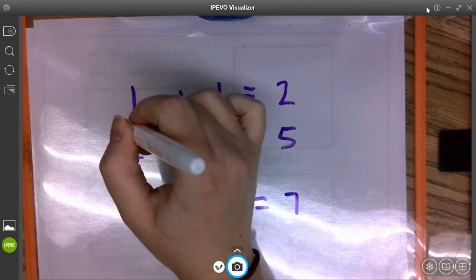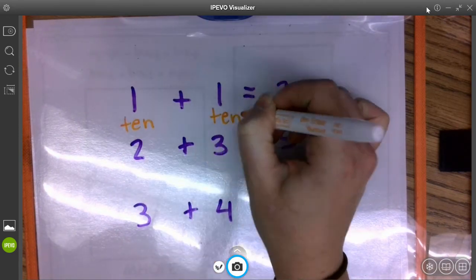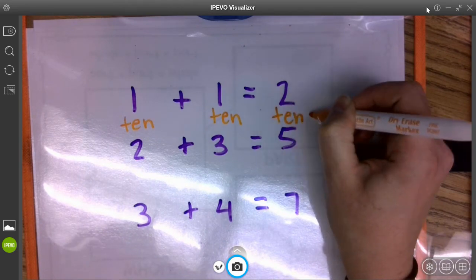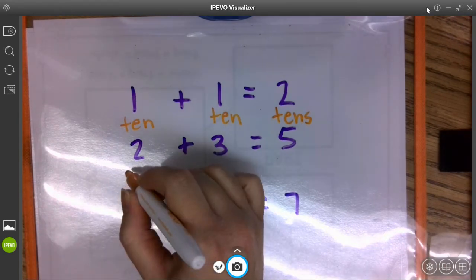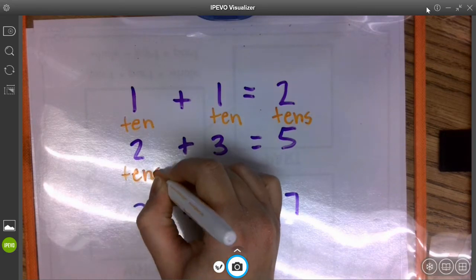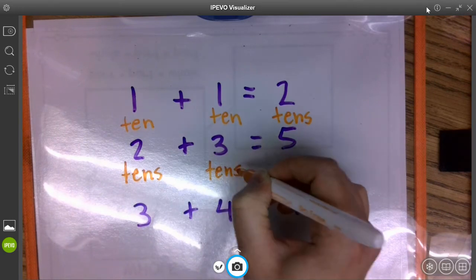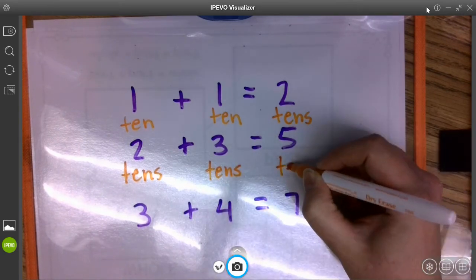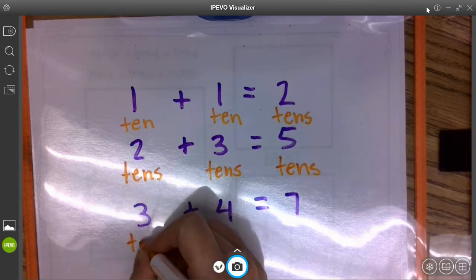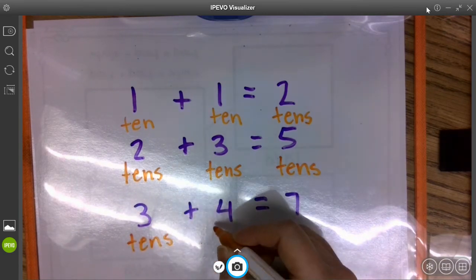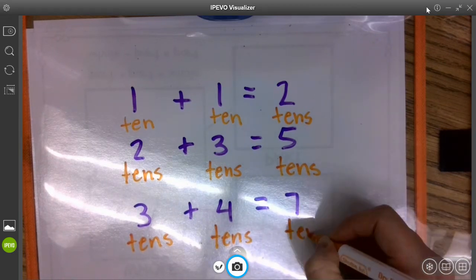We said 1 ten plus 1 ten equals 2 tens. 2 tens plus 3 tens equals 5 tens. 3 tens plus 4 tens equals 7 tens.